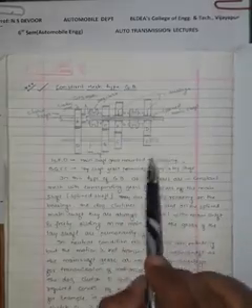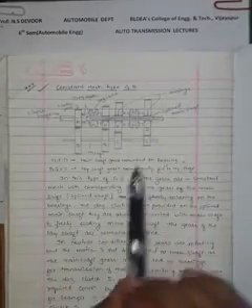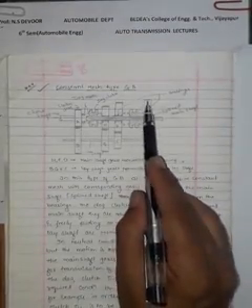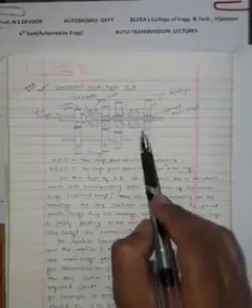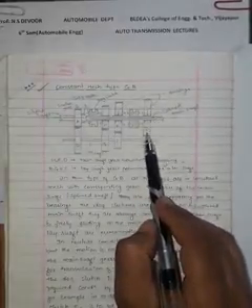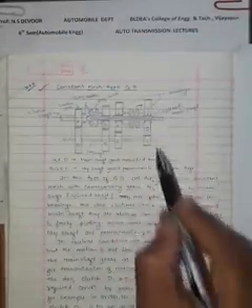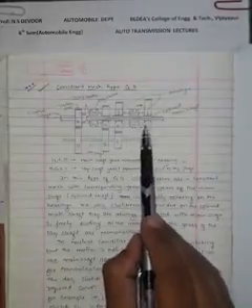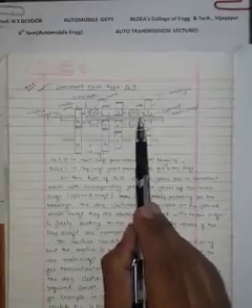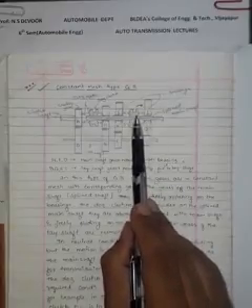Now let us study how the different gears are obtained. Suppose I want to get the first gear. To get the first gear, we have to select higher torque. Higher torque means the larger gear is to be connected to the output shaft. So to connect the larger gear, this dog clutch is to be slid in this direction. If I slide this dog clutch in this direction, this gear will be locked to the shaft through this dog clutch.